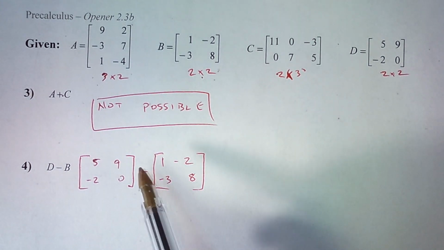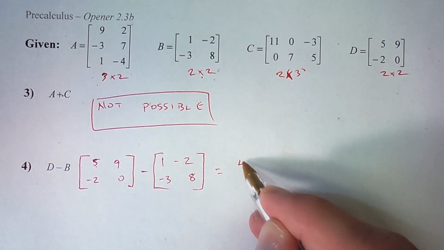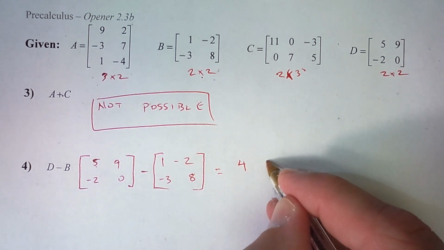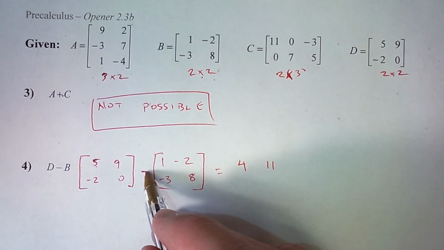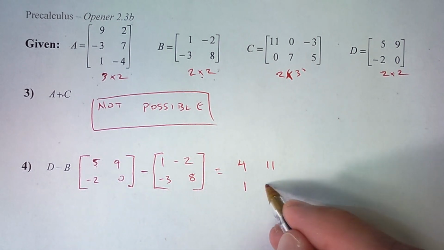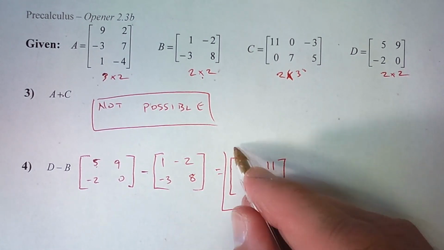And now I just subtract the corresponding elements. 5 minus 1 is 4. 9 minus negative 2 is 11. Negative 2 minus negative 3 is 1. And 0 minus 8 is negative 8. And this is my resulting matrix.